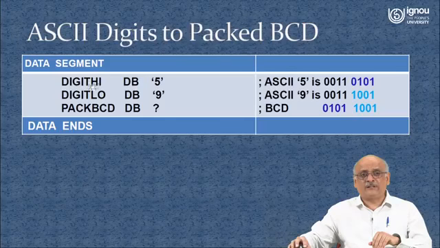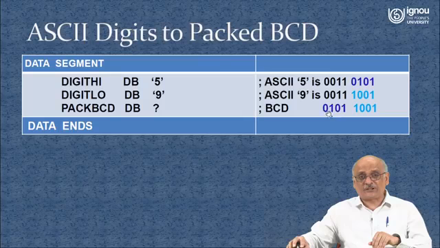This is ASCII. So the high digit, basically what I want is 5 in the upper 4 bits and 9 in the lower 4 bits. That's what I want as far as my BCD is concerned.